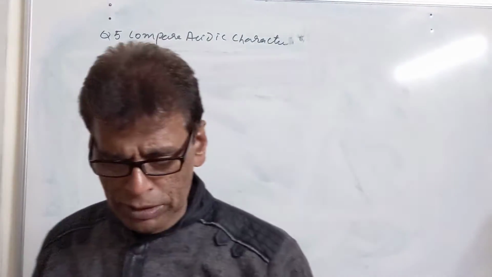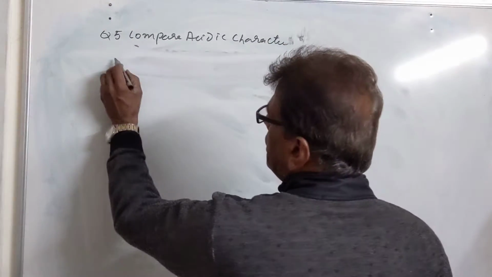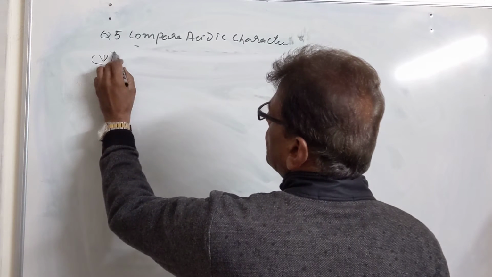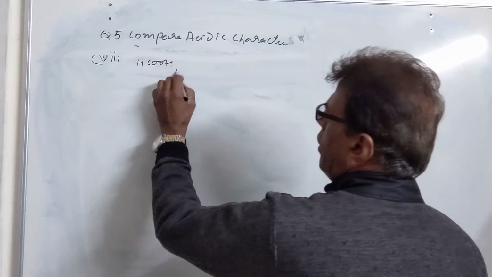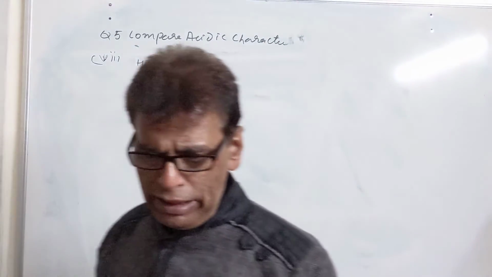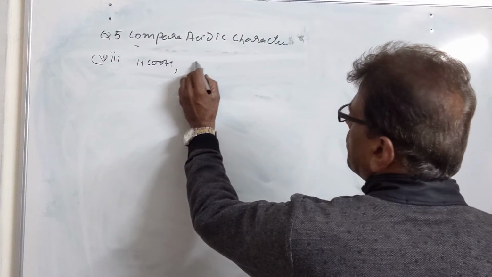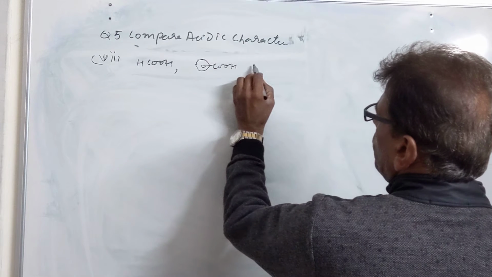We are having compounds like formic acid. This is the seventh question. We have to compare the acidic character of formic acid with benzoic acid and propanoic acid.